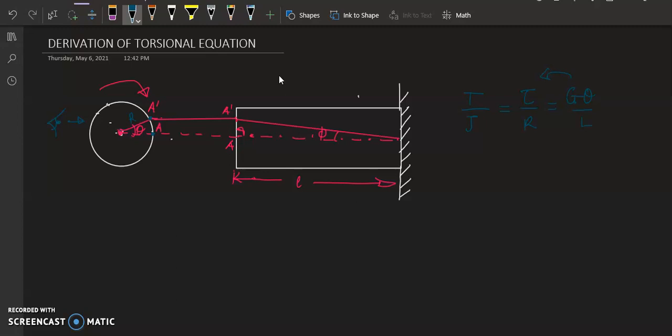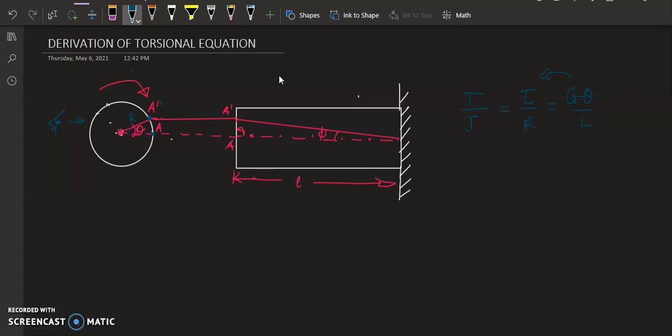Now, assuming that the shaft is being twisted in a clockwise direction, or by a clockwise twist shown by this direction, and we take a point on the circumference of this circular end and mark it A prime.